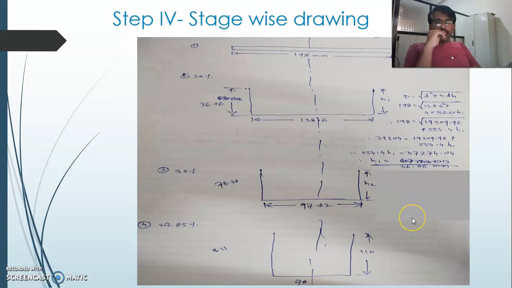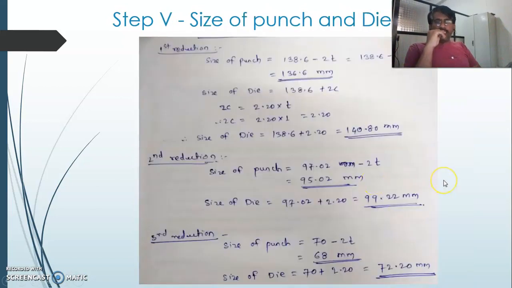Now after completion of the stage-wise drawing, we should move to the next step, that is the size of the punch and the die. Now in this case we should always know that in the draw operation, the size of the punch will be provided with the clearance, and the clearance is twice the thickness.